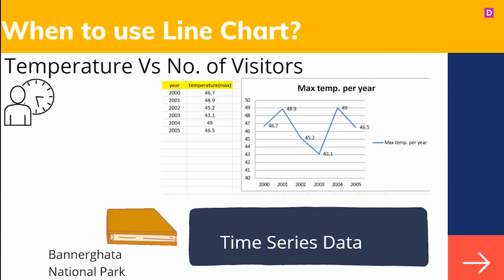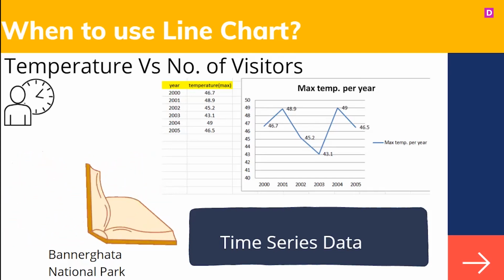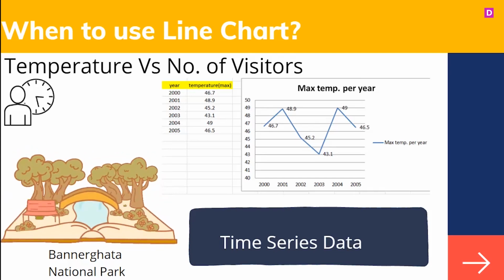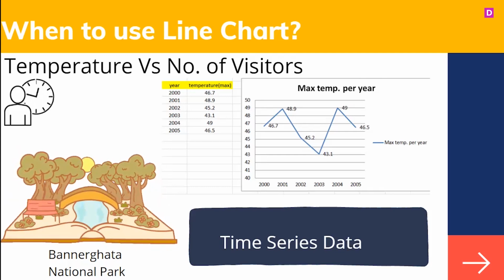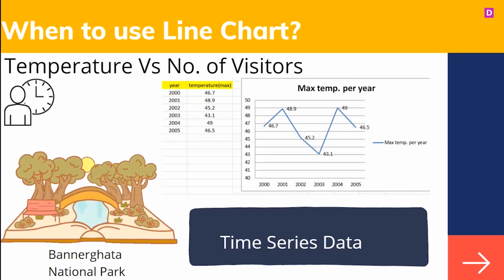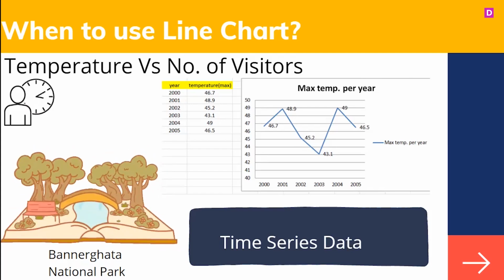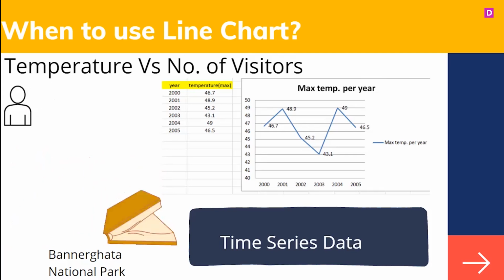This is very much required because we can identify the trends as well as the patterns in our data, and we can identify the kind of seasonal effect and any changes happening over a period of time. Say for example, during your monsoon season, most of the people wouldn't be visiting the Bannerghatta National Park, right? So that's a large change which is happening over a period of time.